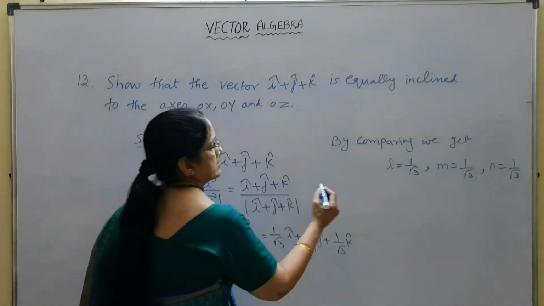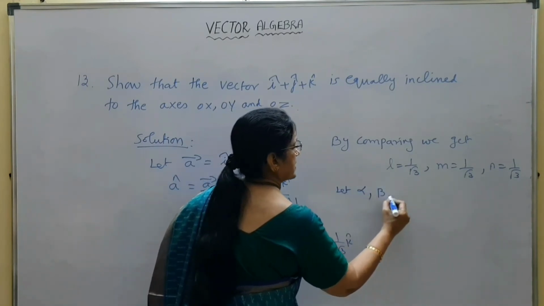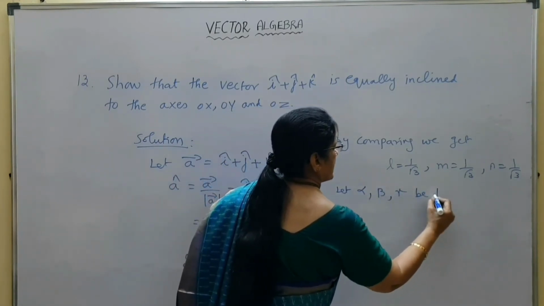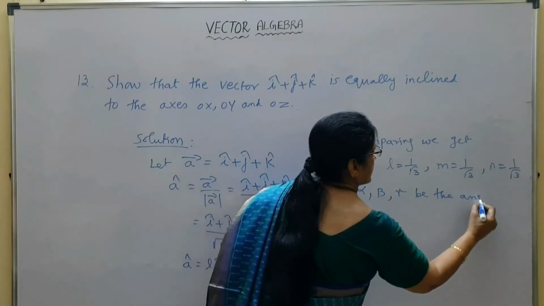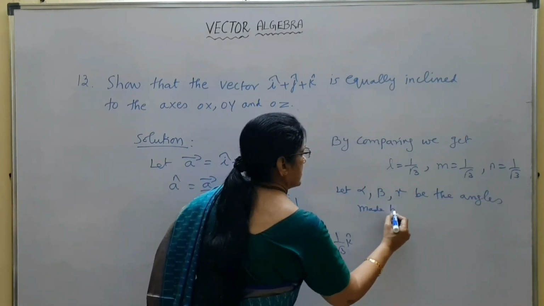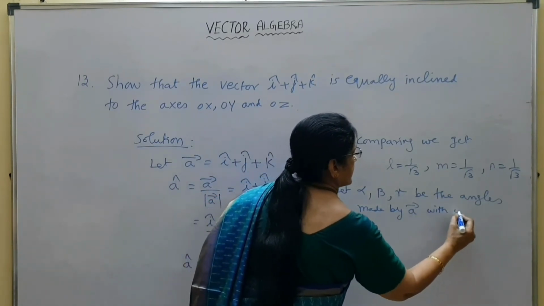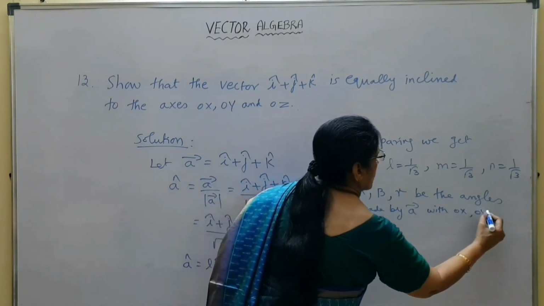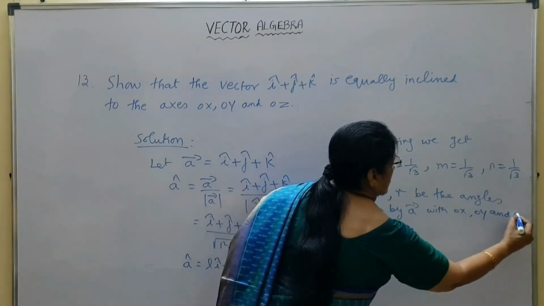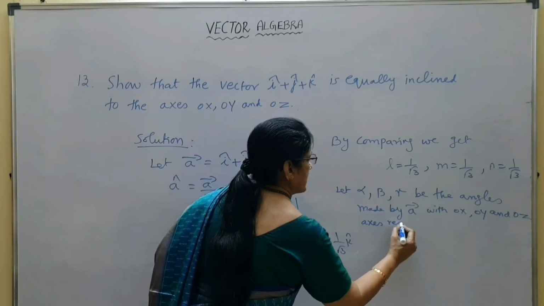So, let alpha, beta, gamma be the angles made by a vector with Ox, Oy and Oz axis respectively.